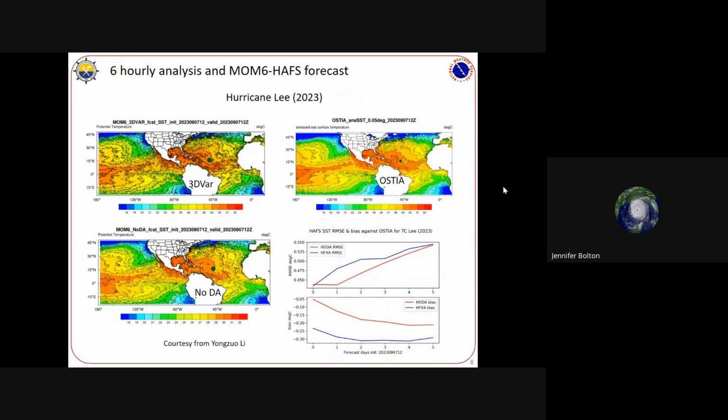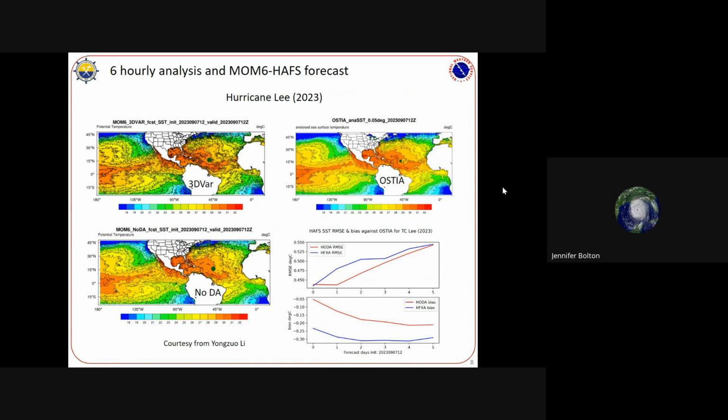This is one example that Youngju has done at the EMC. He set up the workflow and integrated the MOM6, Marine JEDI MOM6, into the HAFS system, and then he has done the test with the 6-hourly analysis. In this case, this is Hurricane Lee, with the 3D analysis on the top right, the analysis on the right, and the no data assimilation simulation in the bottom left corner, and then the line plot showing the RMSE at the top and the bias at the bottom, with and without the data assimilation.